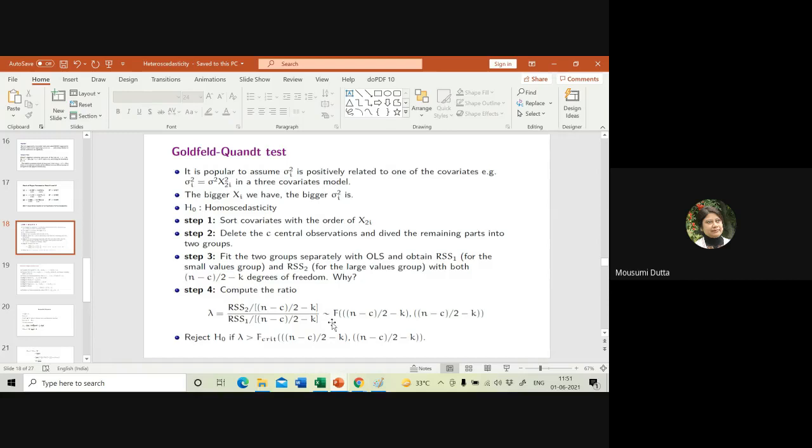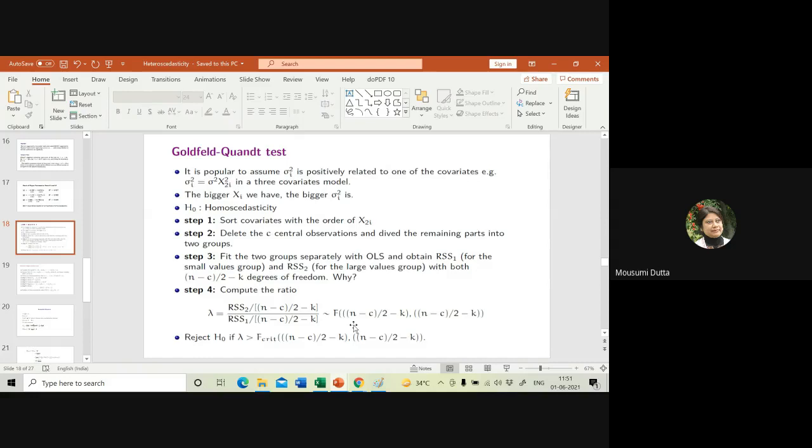And this follows an F distribution with degrees of freedom n minus c by 2 minus k, comma, n minus c by 2 minus k.